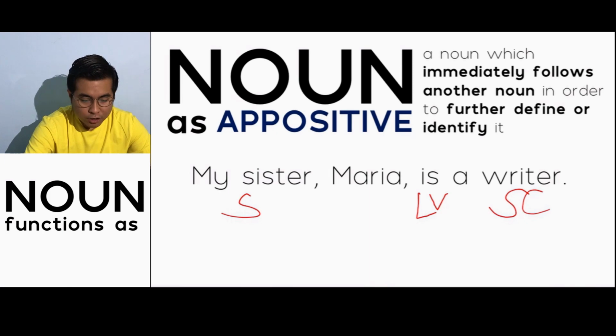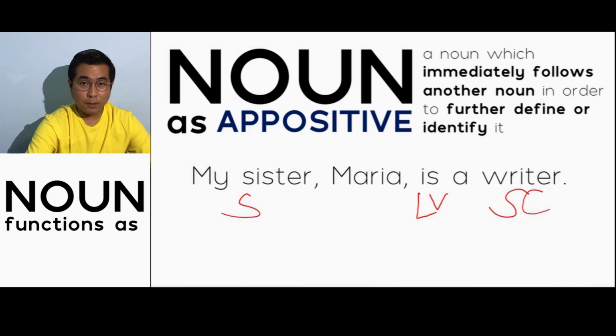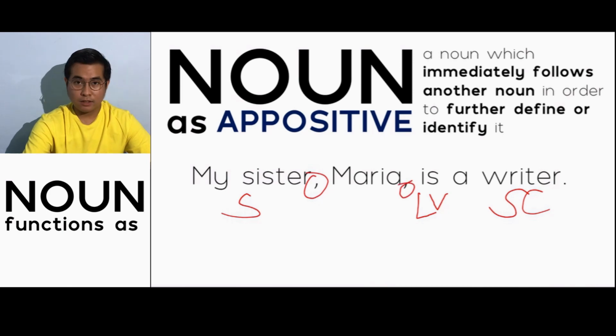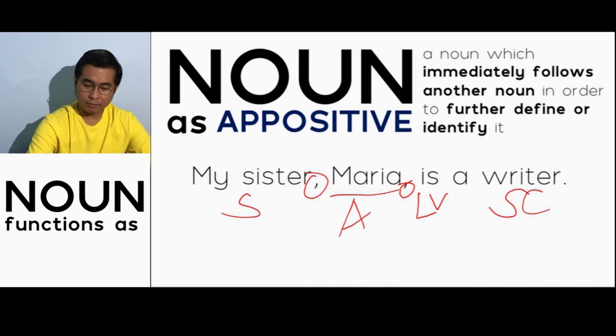But we wanted an appositive to add meaning to the subject, which is "my sister." So you added a noun there in between the subject and the linking verb, then enclosed it with two commas. So that is your appositive. The appositive here is "Maria."